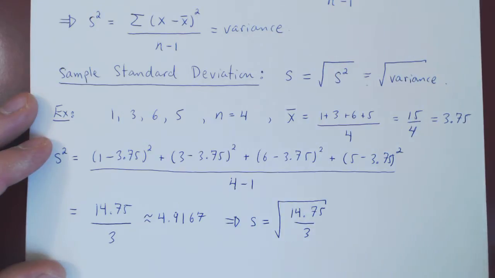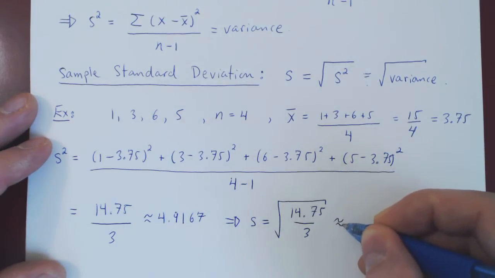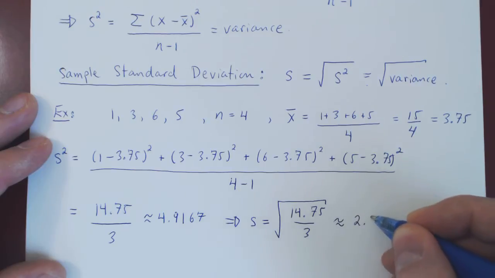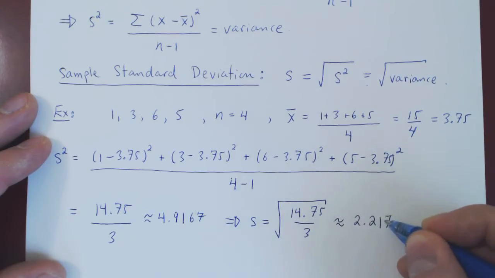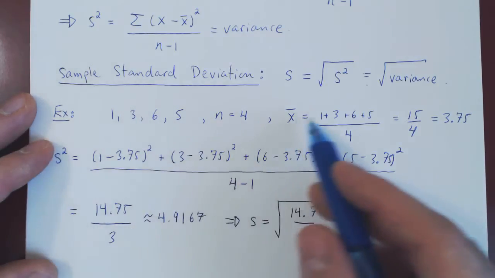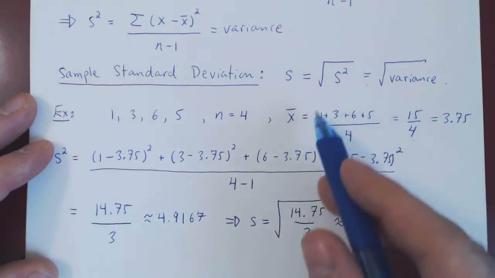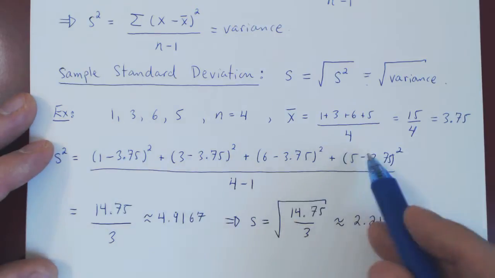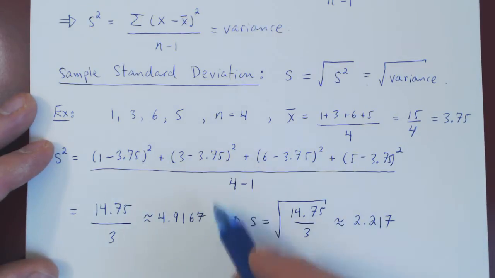And if you calculate this, the square root of 14.75 divided by 3, you have approximately a standard deviation of 2.217. And that's it. This is how you first find your sample mean, which then allows you to find your sample variance, which allows you then to find, quite simply, the sample standard deviation. Okay.